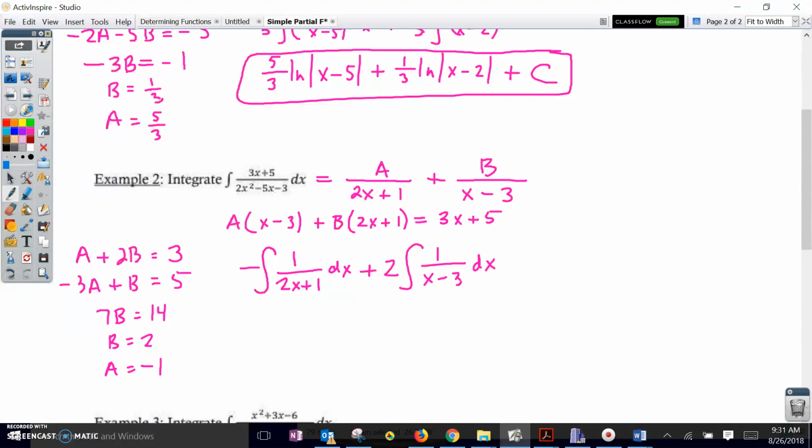The first one, be careful that you use the chain rule in reverse or you use substitution to find this integral, because we're going to end up with a 1/2 out in front, because when we take the derivative of the natural logarithm of the absolute value of 2x plus 1, the chain rule requires us to multiply by 2.